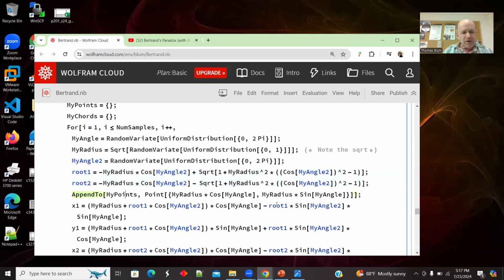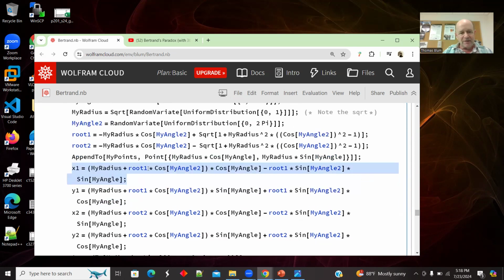Okay. And then I do the rotation. So first my points is easy. It's my radius times cosine of my angle. My radius was the original x, and then here I was working with a root and adding.